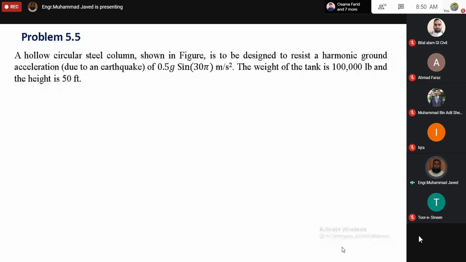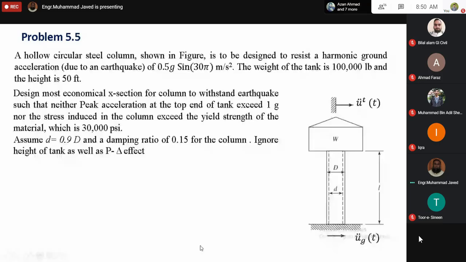एक प्रॉब्लम हम सॉल्व करते हैं. A water tank which is supported on a hollow circular steel column, and this water tank is subjected to an earthquake which can be represented by this harmonic excitation, represented by this equation 0.5 g sine 30 pi t, and the unit of acceleration in this case is meter per second square.